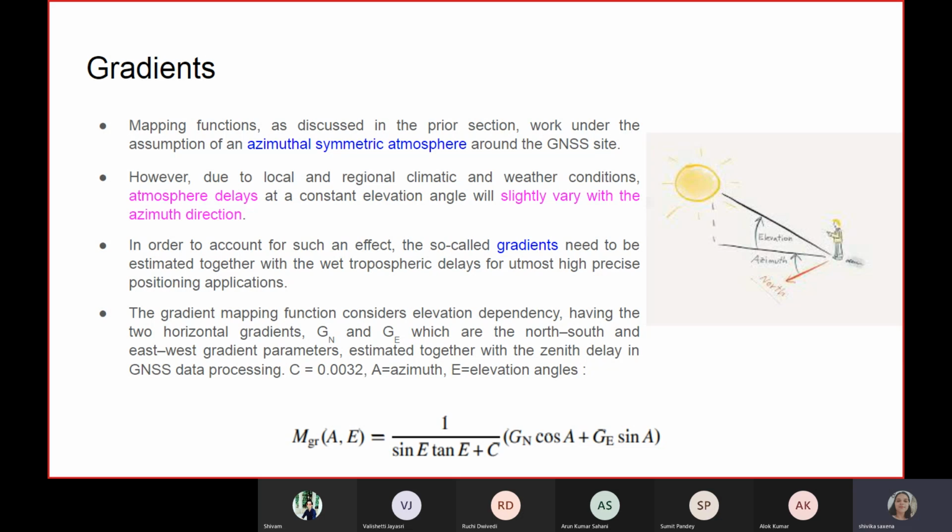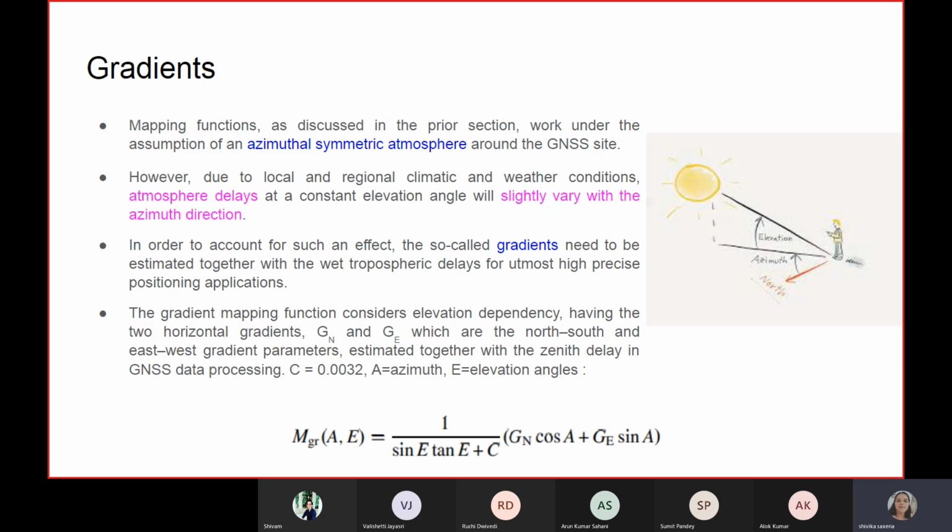What are the two types of horizontal gradients? We generally take care of two: one is north-south, another is east-west. Instead of taking all the angles, we focus on these two perpendicular directions. This is estimated using a model from Chen and Herring. The equation is given below.